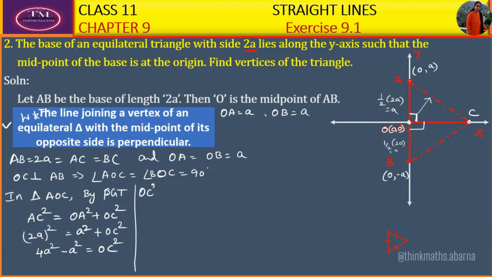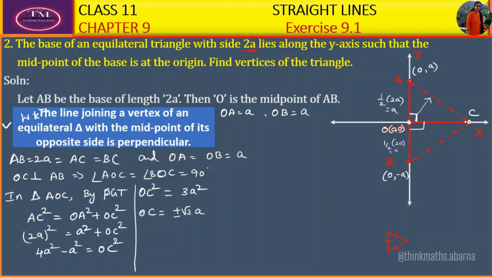So OC square equals 4A square minus A square, which is 3A square. If we take the square root on both sides, we get OC is equal to plus or minus root 3A. That is, the length of OC is root 3A.